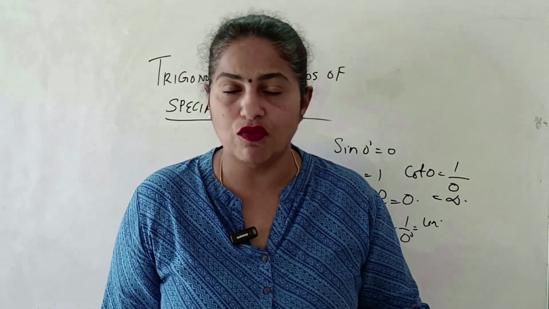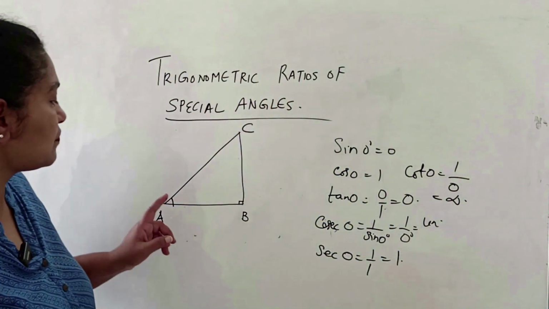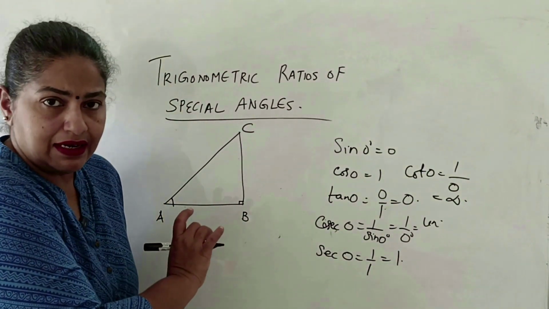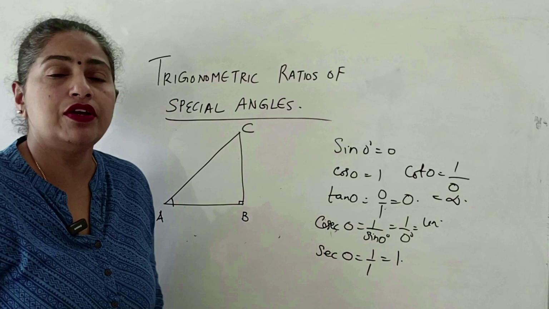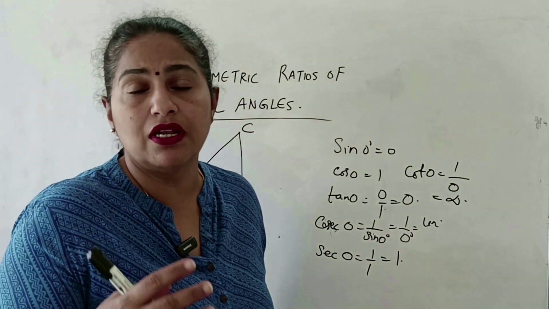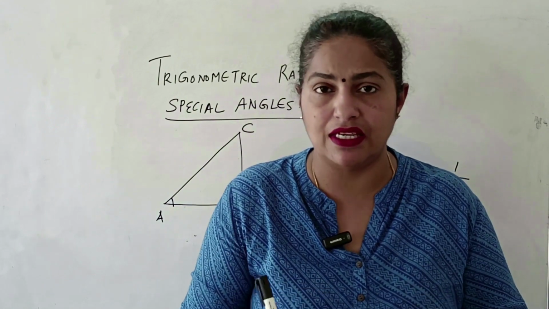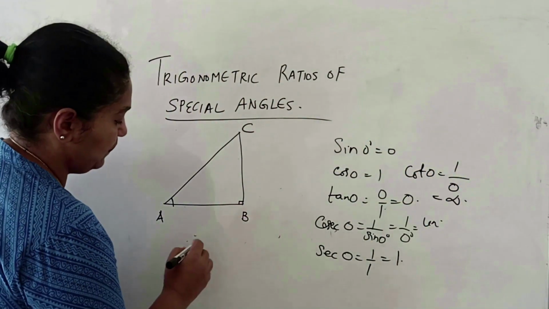Okay, now let us move on to the 90 degree angle. ABC is our triangle, with the right angle at B. We are bothered about angle A. In order to make angle A into 90 degrees, what should we do?